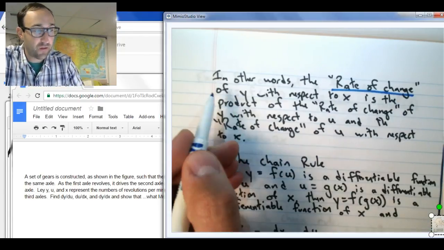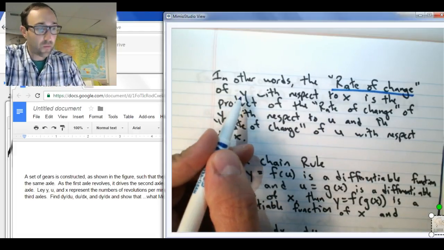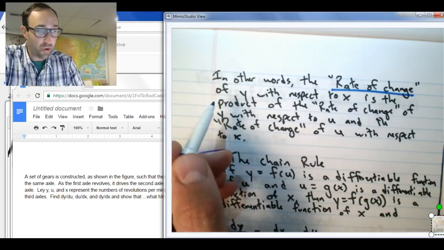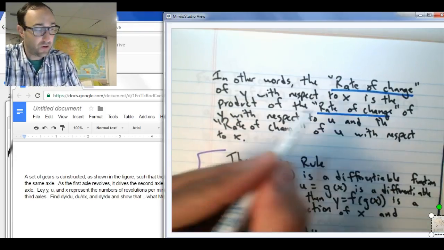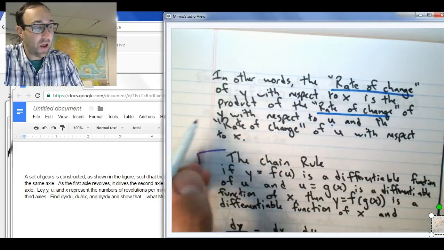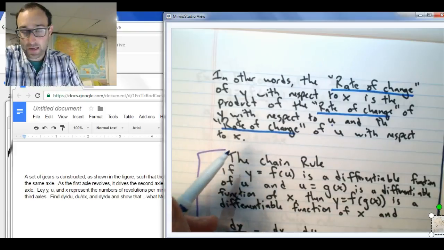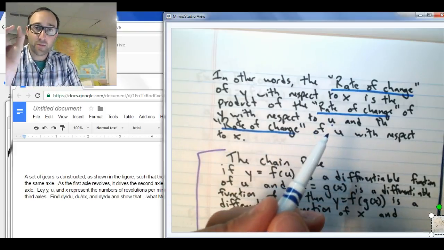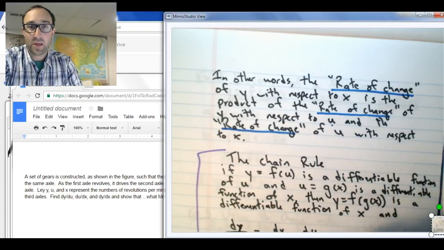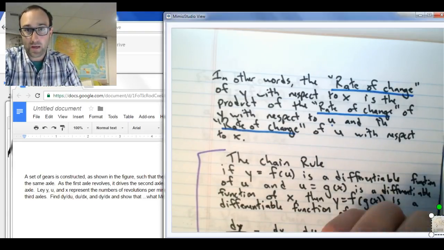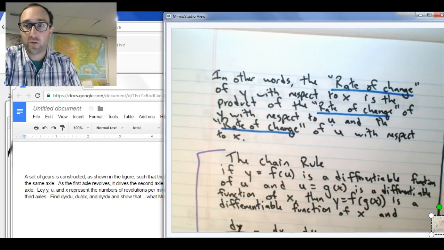So the instantaneous rate of change of y at some specific point with respect to x is the product of the derivative of y with respect to u, and the derivative, rate of change, of u with respect to x. So we can do this little piece and this little piece, multiply them together, and we should be able to get the instantaneous rate of change for y, which is really what we're looking for, the derivative.